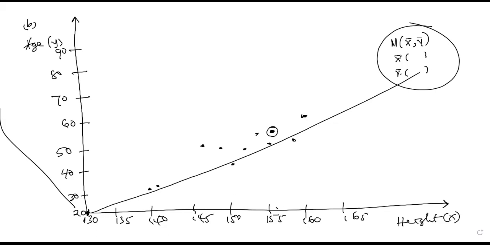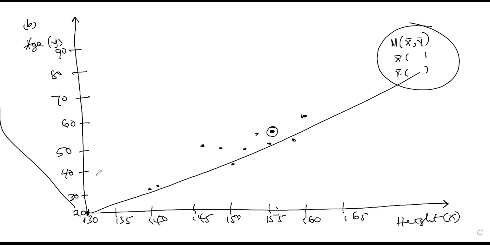Then from here, they want us to find what? Use your diagram in B to find y when x is 147 and x when y is 43. That is just very easy.